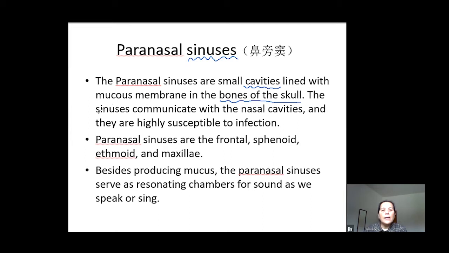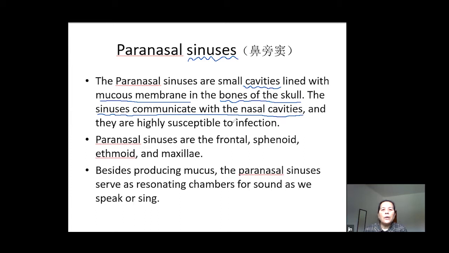And the sinuses are connected with the nose cavity. They have openings there. And they are also covered with mucosa membranes. That mucosa membrane is connected with the nose cavity mucosa membrane.